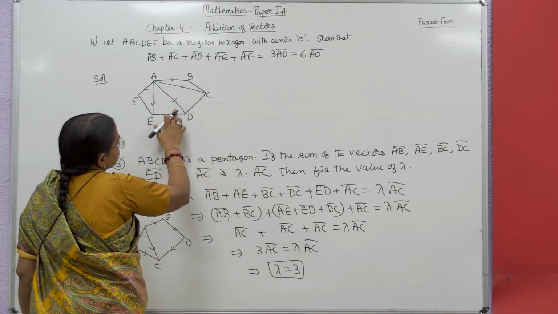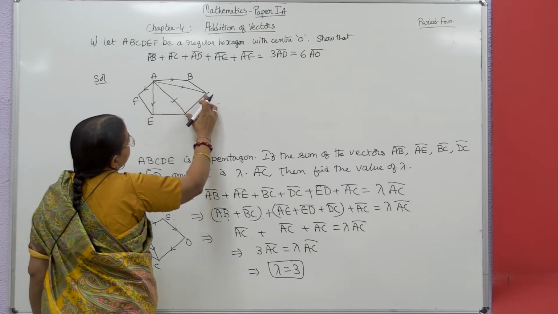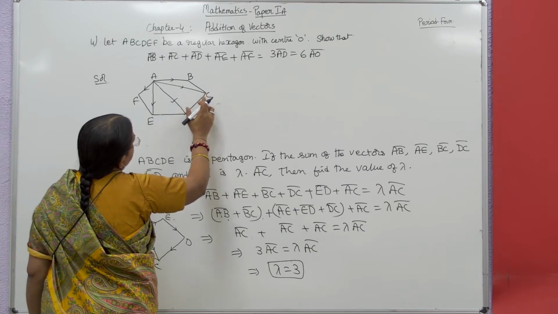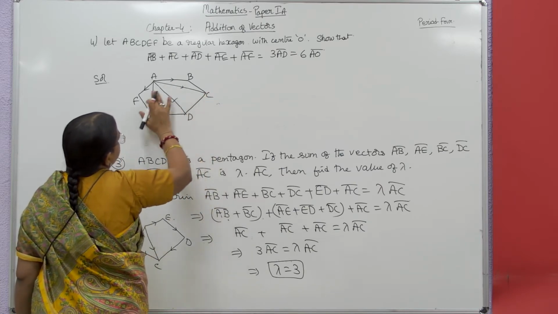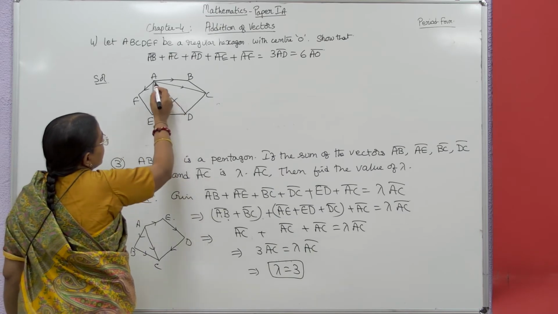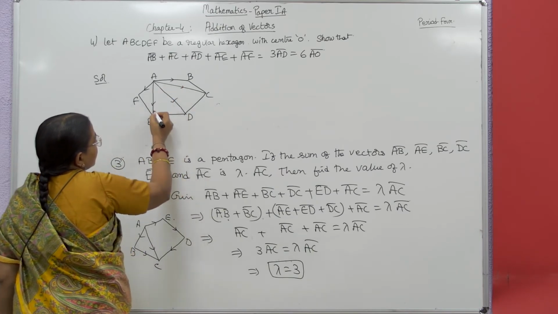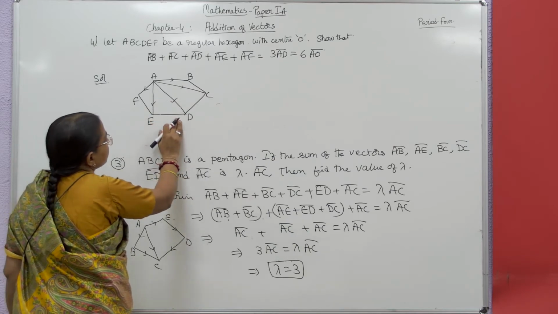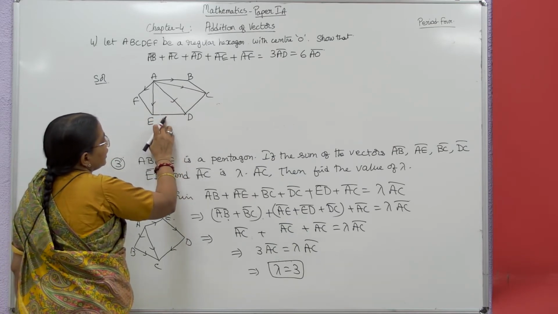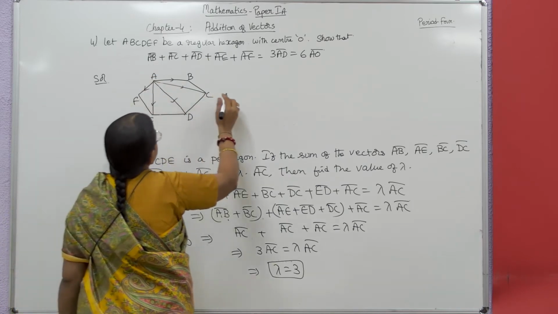Now AD is actually equal to AC plus CD, but CD is not given. Instead we are given AB and ED. AD is equal to AE plus ED. ED is not given, so we'll write AB as ED.